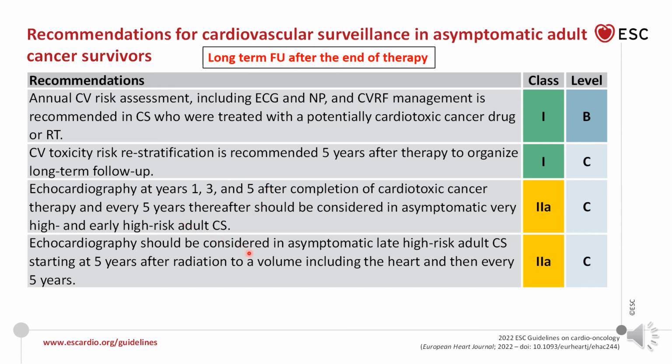If our patient is at high risk for late cardiotoxicity, meaning he received a high dose of radiotherapy, the surveillance starts at 5 years. As we said before, cardiotoxicity symptoms usually start after 5 years of completion of radiotherapy. So surveillance starts at 5 years and should be repeated with echocardiography every 5 years.